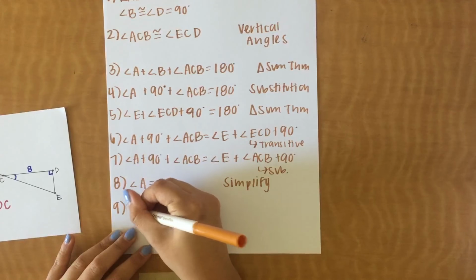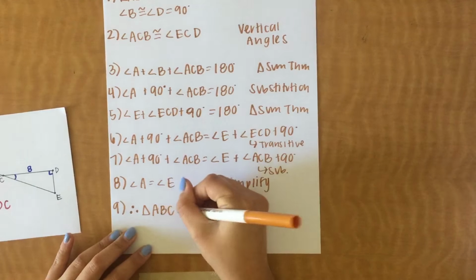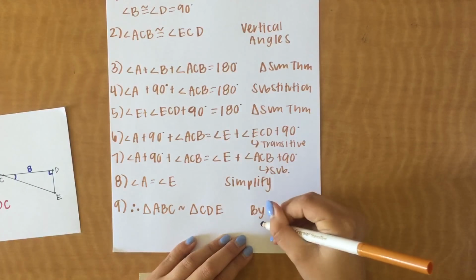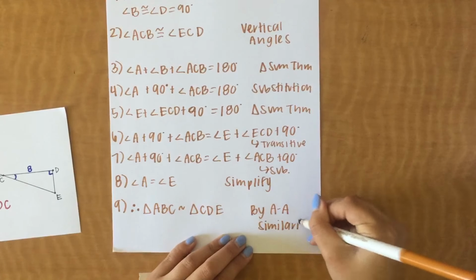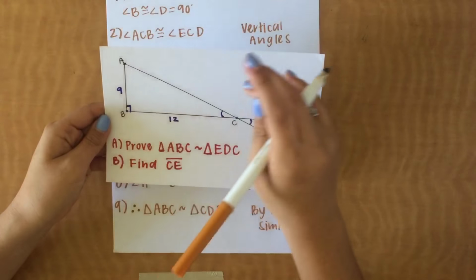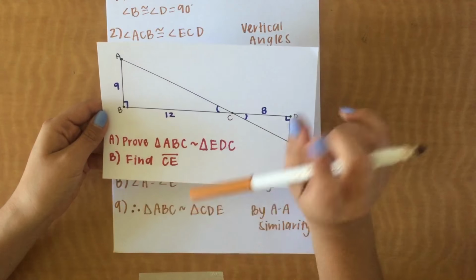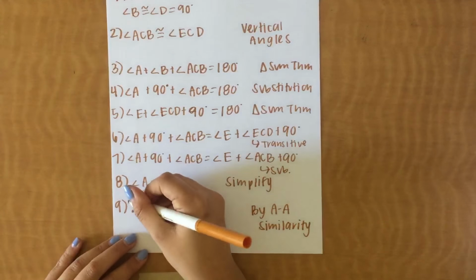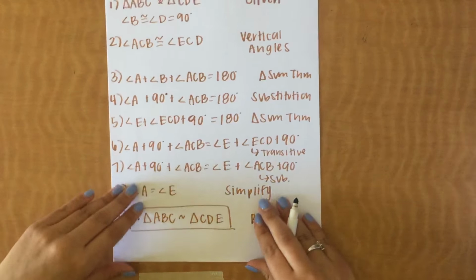So therefore, triangle ABC is similar to triangle CDE by angle similarity, which states that two triangles with all three corresponding angles congruent are similar. So there's that first part.